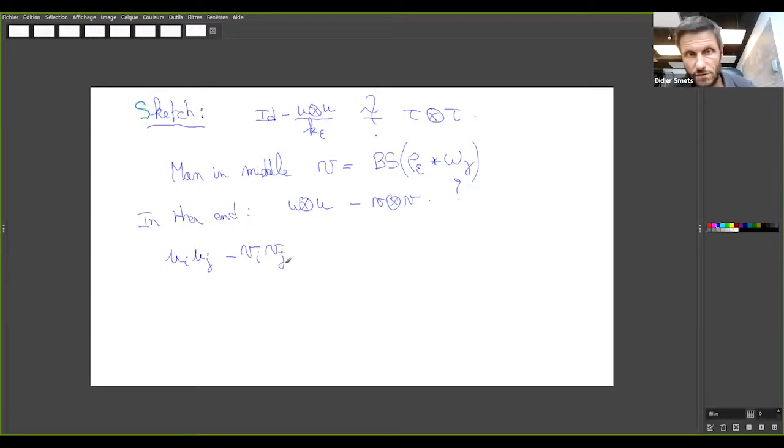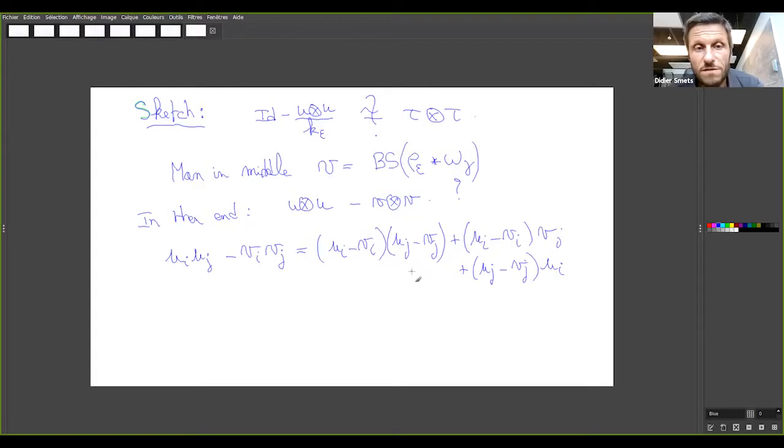Let me rewrite this quadratic form in this way: ui minus vi, uj minus vj, plus ui minus vi against vj, and there's the symmetric one, plus uj minus vj against ui. So we have three terms. All of these appear against the test functions.